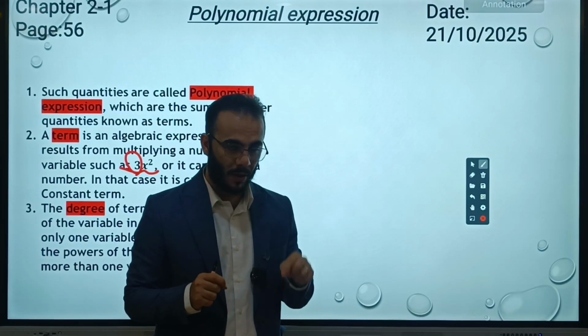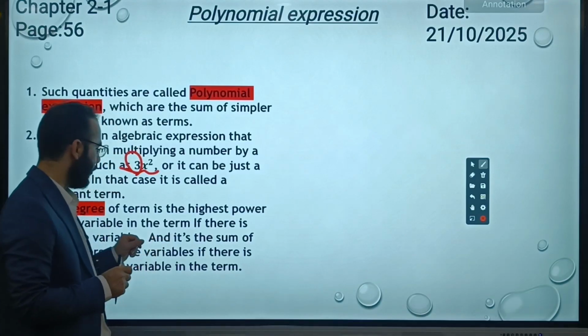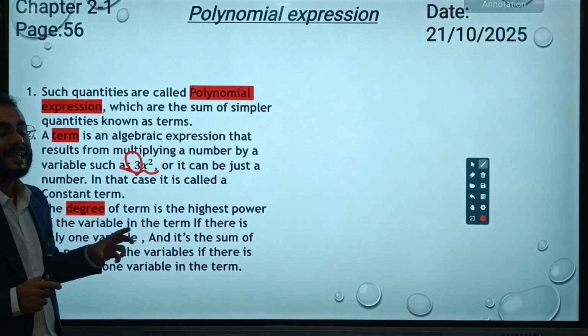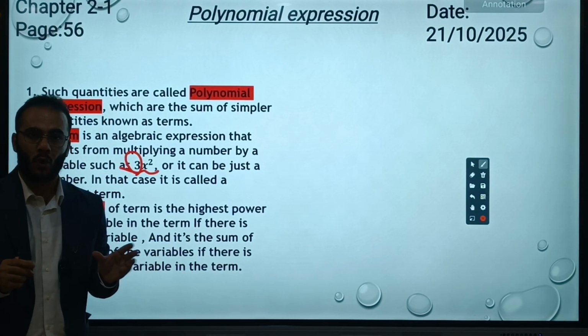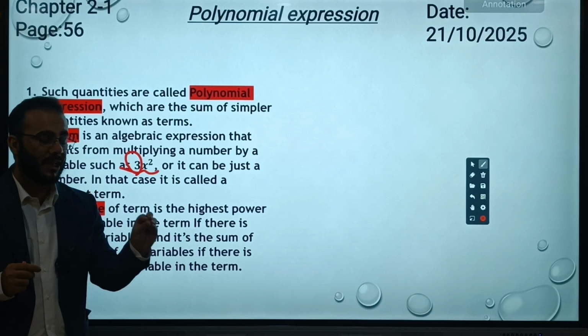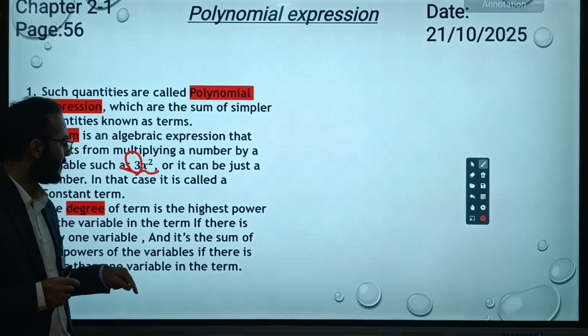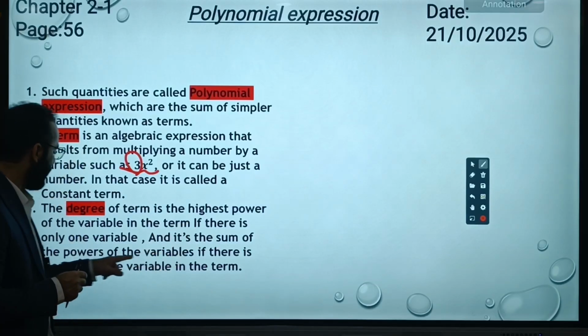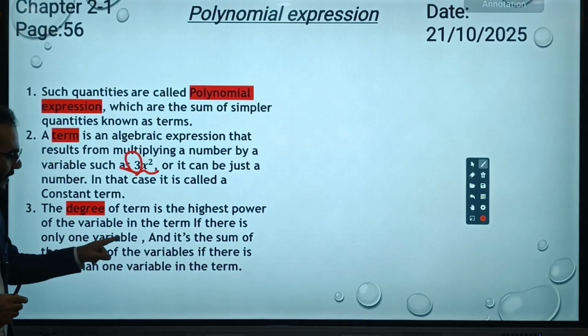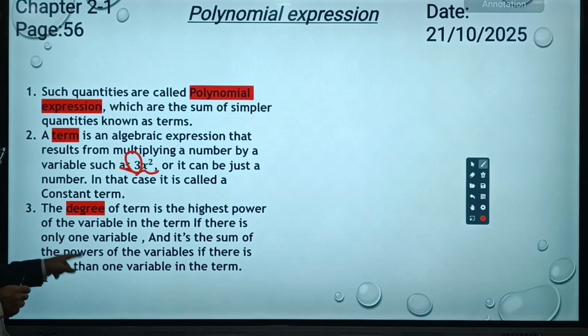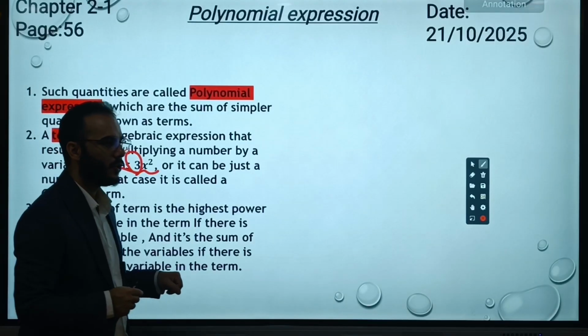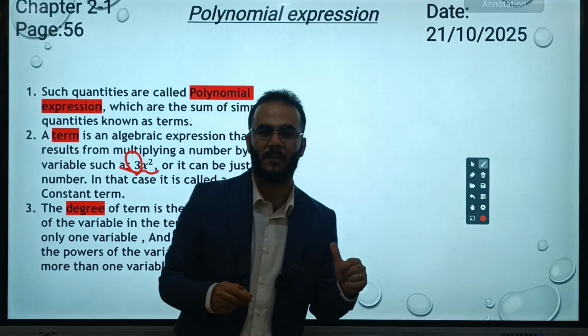But if we have a polynomial that consists of a term or some terms in each of which we have more than one variable, in that case the degree is the sum of the powers of the variables in that term. We will go through different examples, just be patient.